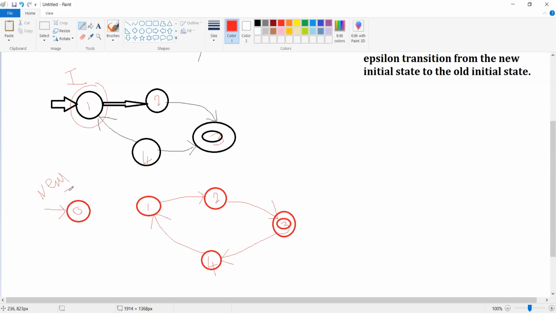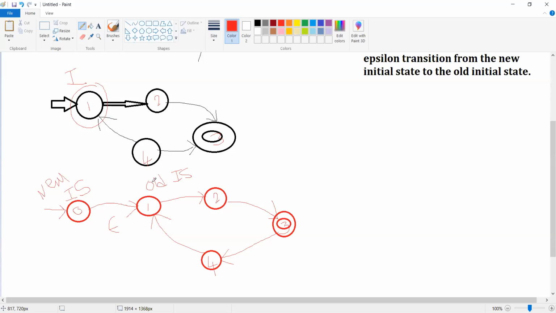This is my new initial state, and 1 is the old initial state. Now we need to specify an epsilon transition from the new initial state to the old initial state.